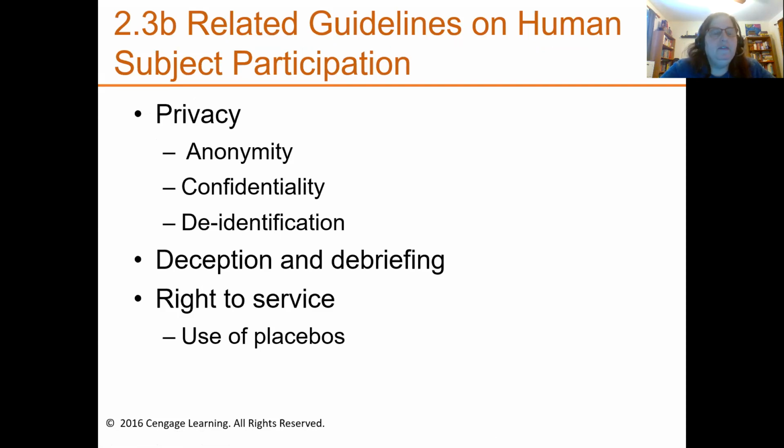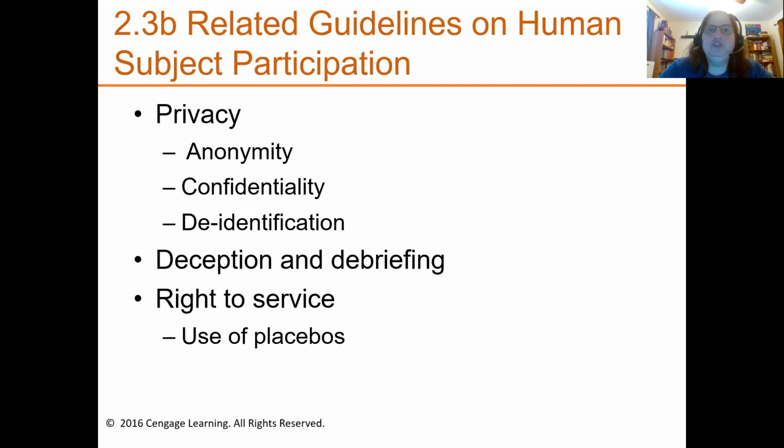Privacy, again, we have anonymity versus confidentiality, which we just talked about. And you can try to de-identify your participants as well. There was an interesting study that came out a little while ago about a medical issue.